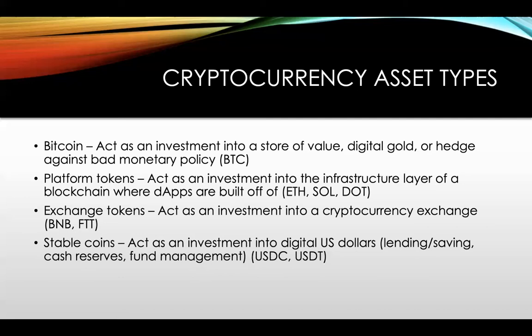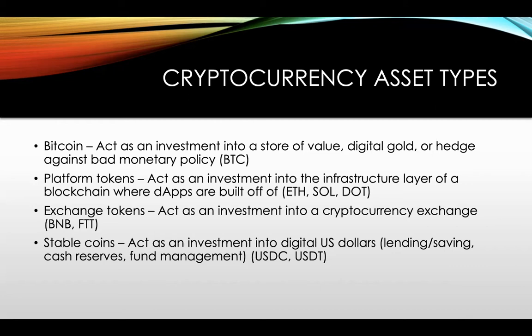So you have to buy Ethereum to use these applications. So basically the bet you're making with platform tokens is that more people are going to build applications on these platforms, and more people are going to use the applications. There are other competitors to Ethereum as well, like Solana, whose ticker is SOL, and then Polkadot, whose ticker is DOT.